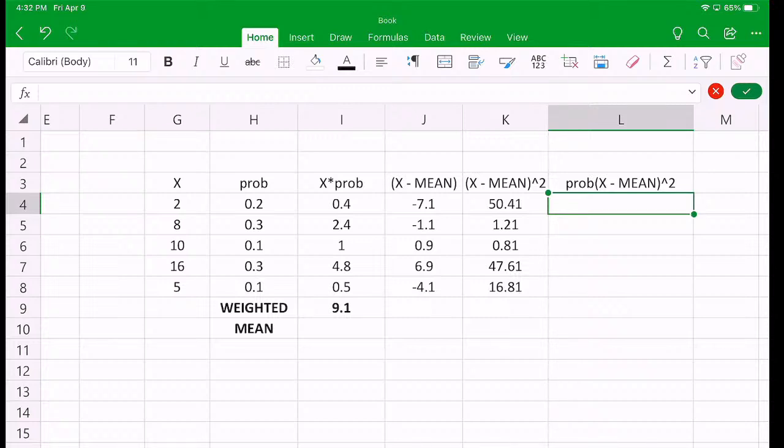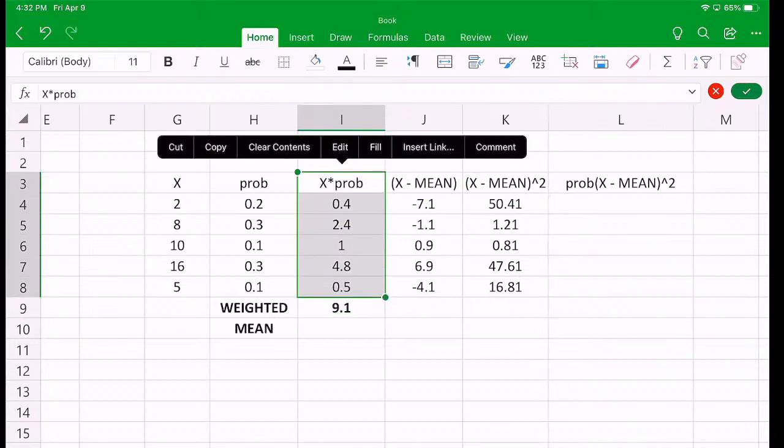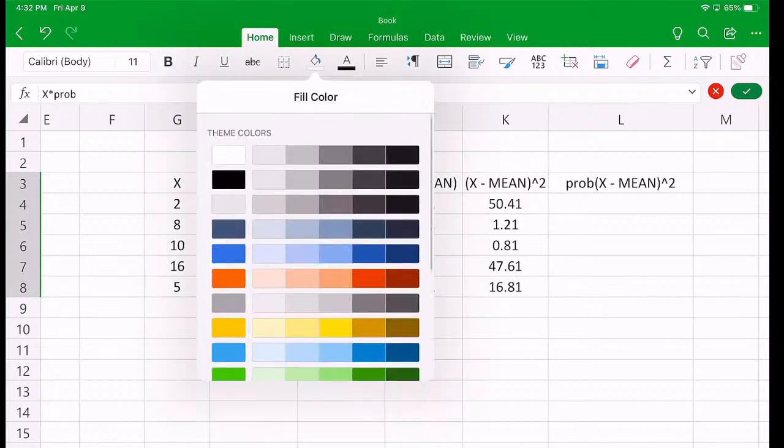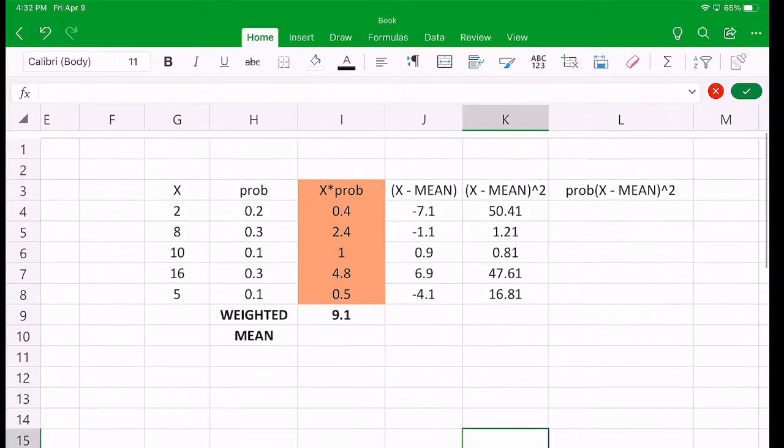Okay, so now we're going to pre-multiply. We're going to use this column. So always remember, I'm going to highlight this column because I'm not going to use that. I'm going to fill that in with a color just so you don't look there. So I'm always jumping over to these values over here.